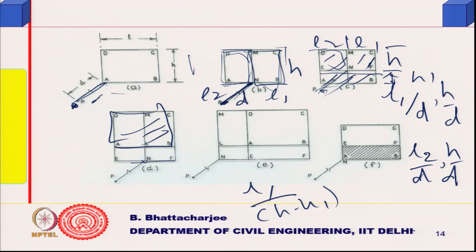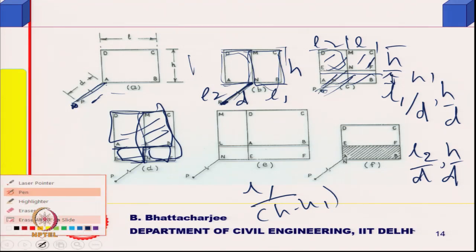Now what you do? You consider L by D for this one and L by D for this one, sum it up, and subtract the L by D and H by D for this portion. Let me write it in a clearer manner.